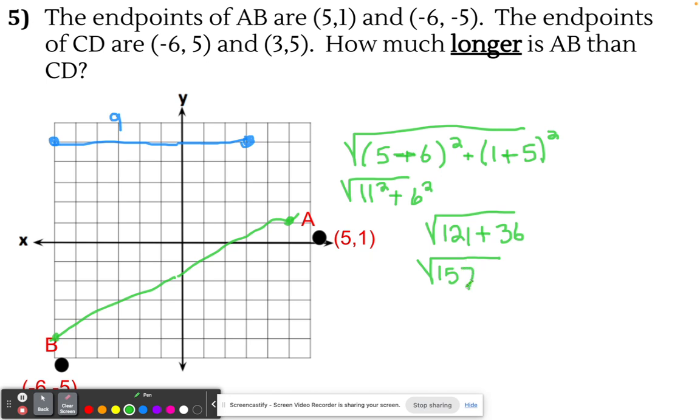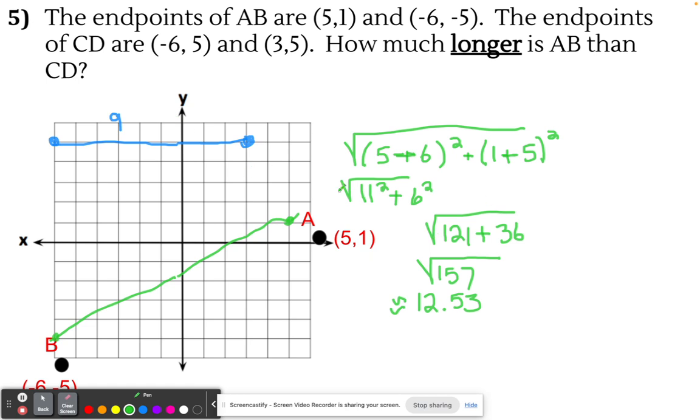And the square root of 157 is 12.53 approximately. So how much longer is this one than this one?